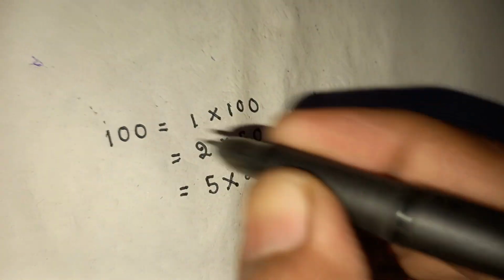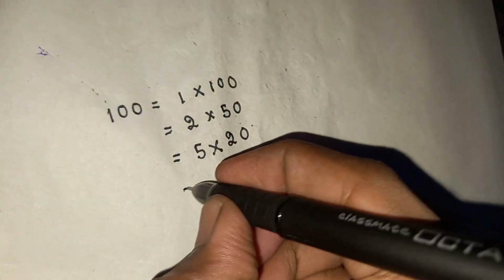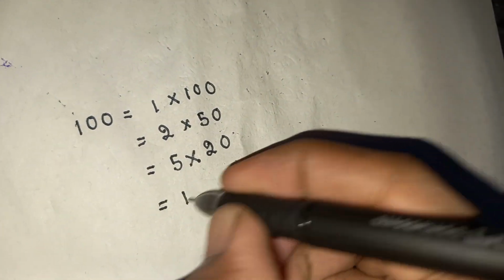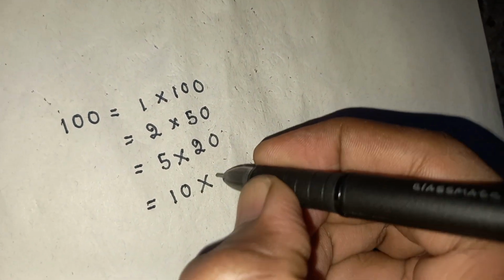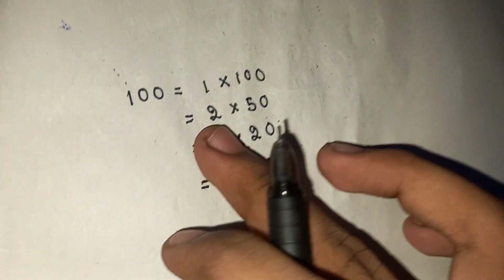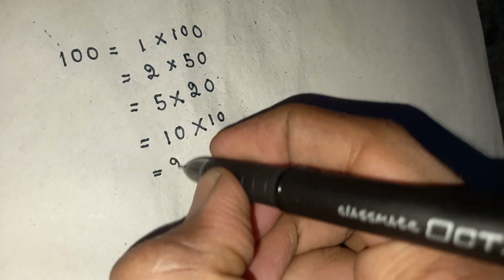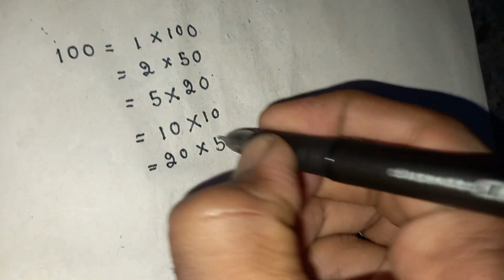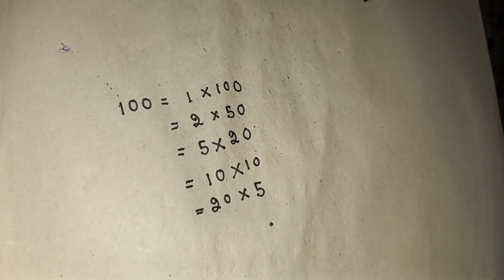So 5 times 20 also becomes 100, and in reverse, 10 times 10 also gives 100, and the reverse of this is 20 times 5, which also becomes 100.